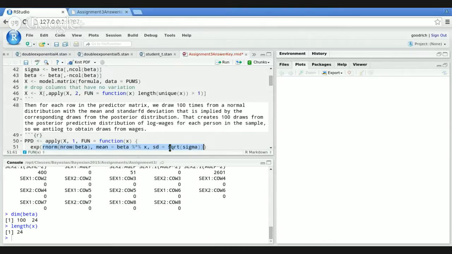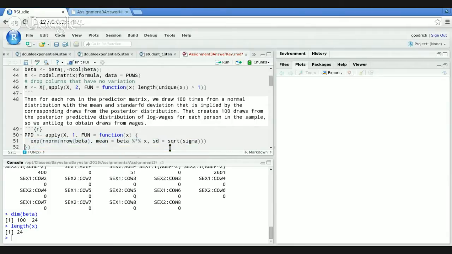But when doing these exercises, we always want to go back into the original units of the outcome variable, which were wages rather than log wages. So we take those 100 draws from the posterior predictive distribution of log wages and anti-log them, so they're now 100 draws from the posterior predictive distribution of wages.